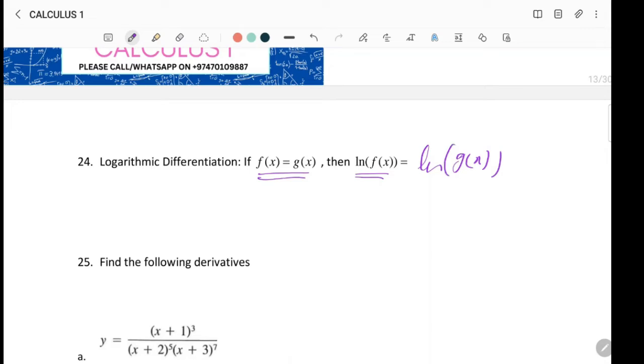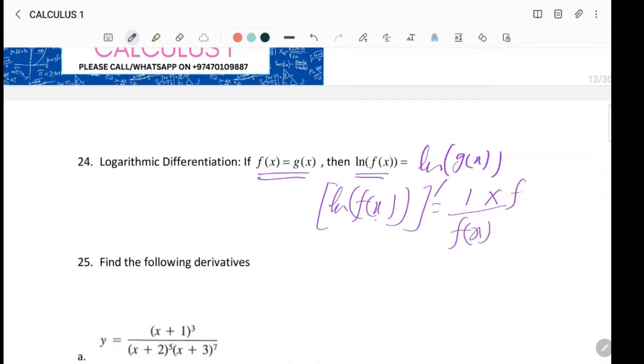But what we need to do, do we have to differentiate? So ln f(x) differentiation, ln differentiation is 1 over, right? And f(x) differentiation is f dash x. So that's it. If you want to replace f(x) with g(x), you can do that.